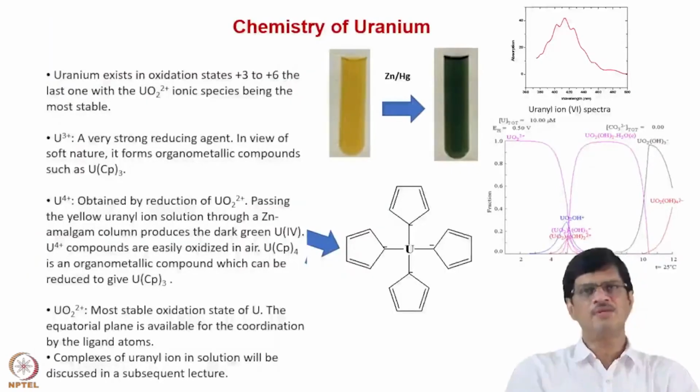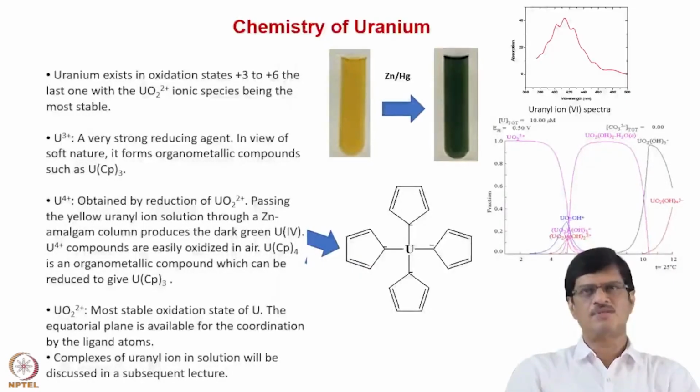Let me summarize some of the chemistry of these early actinides, starting with the chemistry of uranium. As mentioned in the previous slide, uranium exists in oxidation states +3 to +6, but the +6 oxidation state is most common, that is the UO2 2+ ionic species being the most stable, and in our chemistry labs we deal with uranium in the +6 oxidation state.